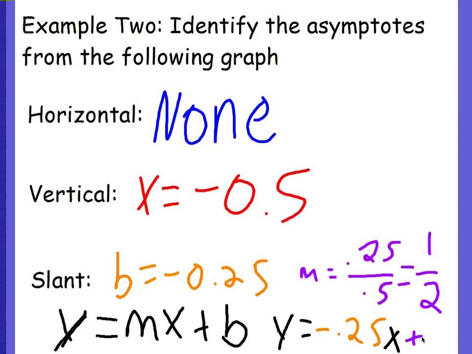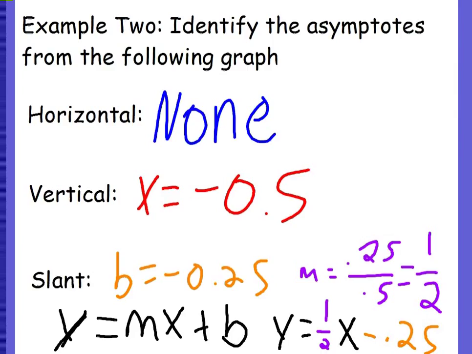I'm sorry. I messed up. Thank you for correcting me. Okay, so it's y equals 1/2 x minus 0.25. And again, what are we finding?